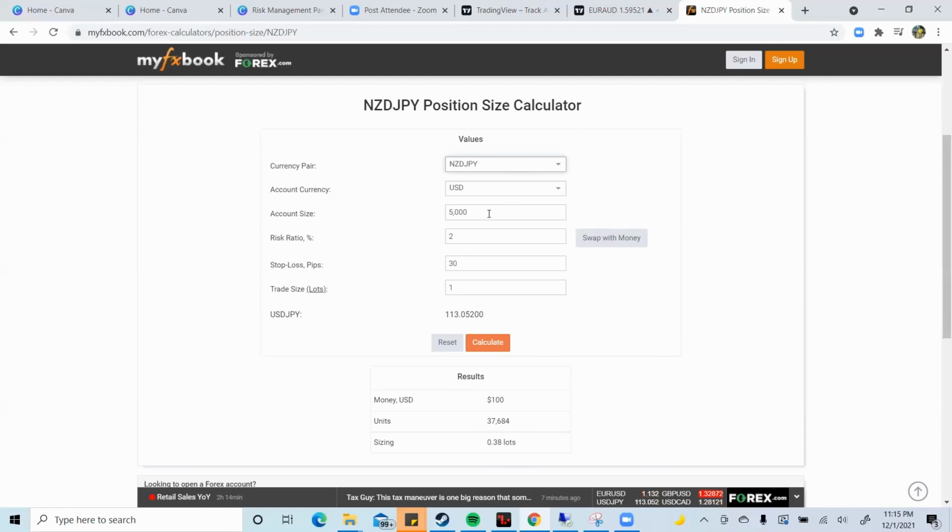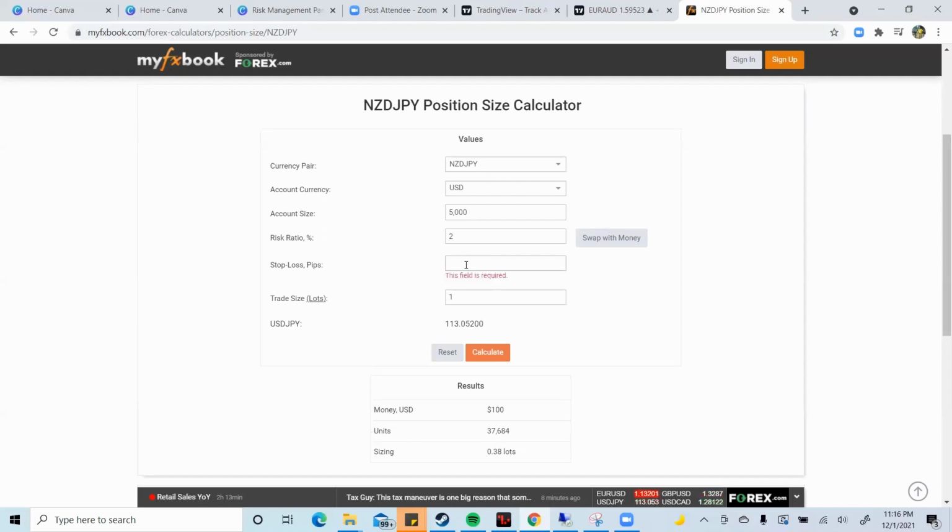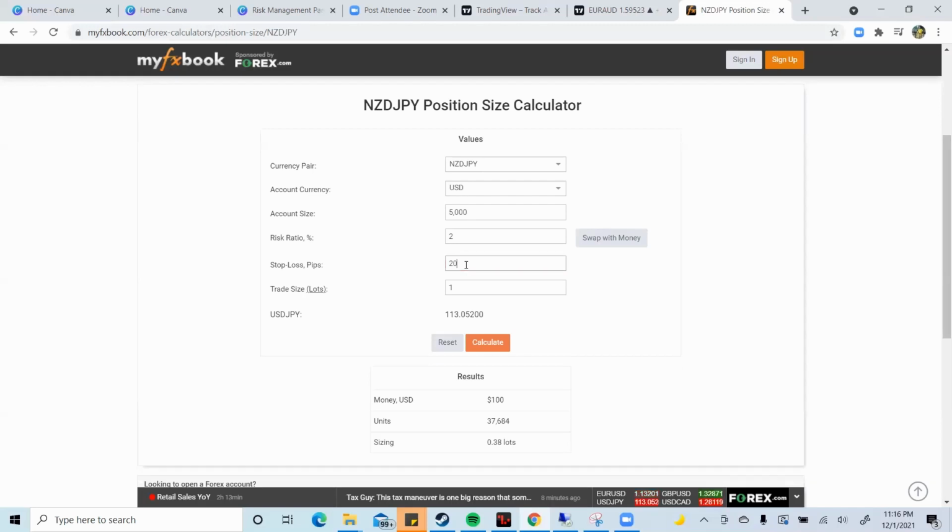So let's get back to the position sizing. $5,000, so you're a moderate trader, 2% risk. Say you're doing a smaller trade. Maybe you're scalping. Maybe you have a tighter stop loss on your intraday trade and you decide that your stop loss is now 20 pips. So a shorter stop loss.